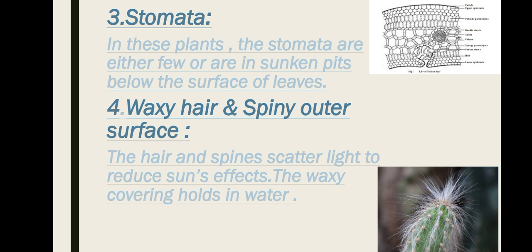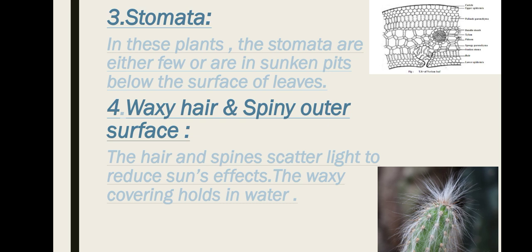Then we have waxy hair and spiny outer surface. The outer surface of the cactus plant over here is covered by waxy hair, as we have to prevent the water loss, and waxy hair holds in water.